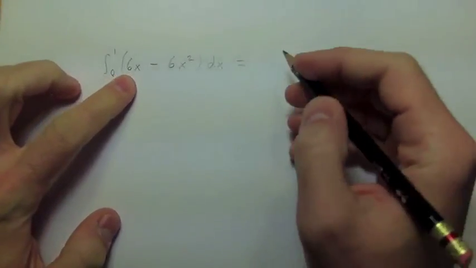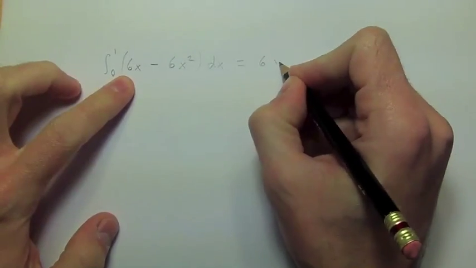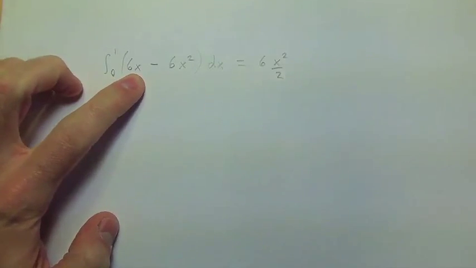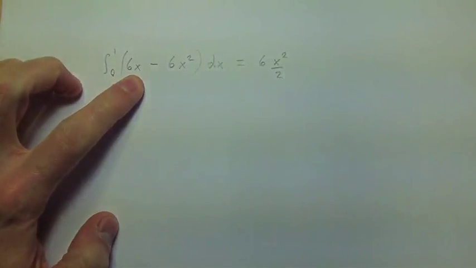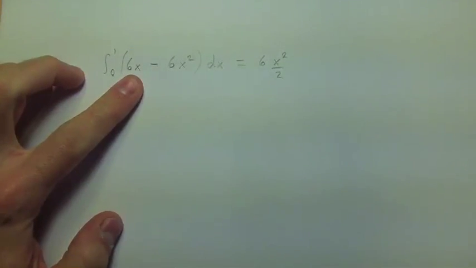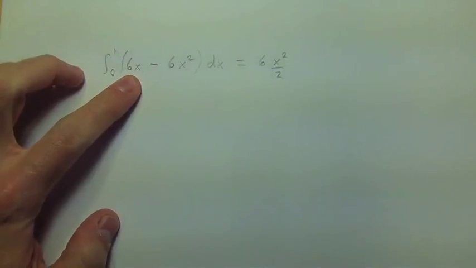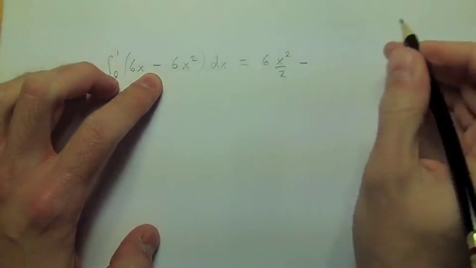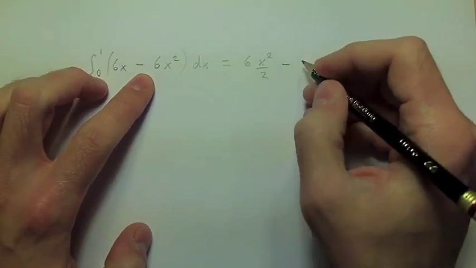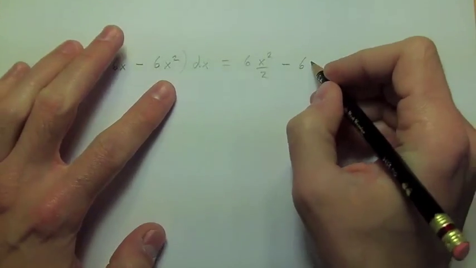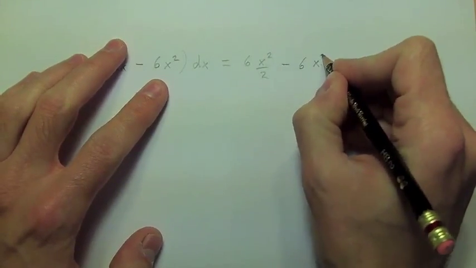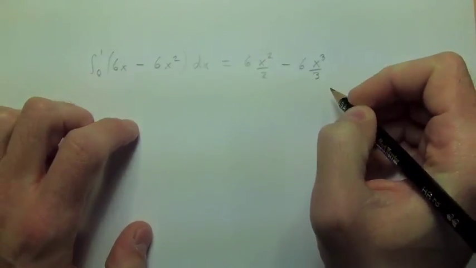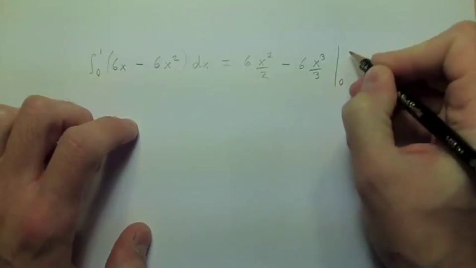So this is going to be 6x squared over 2, right? That's the antiderivative of x. Minus, remember those constants come along for the ride, 6 times x cubed over 3. And I'm going to evaluate this from 0 to 1.